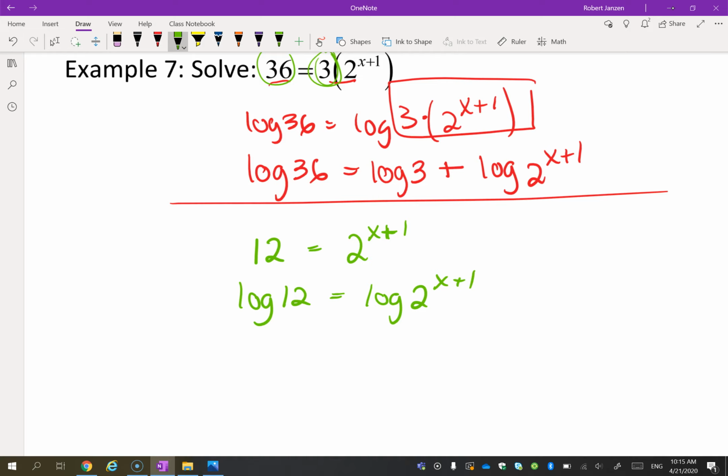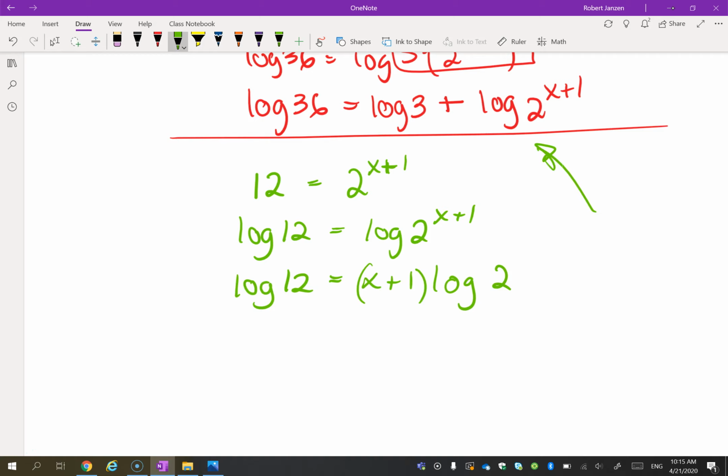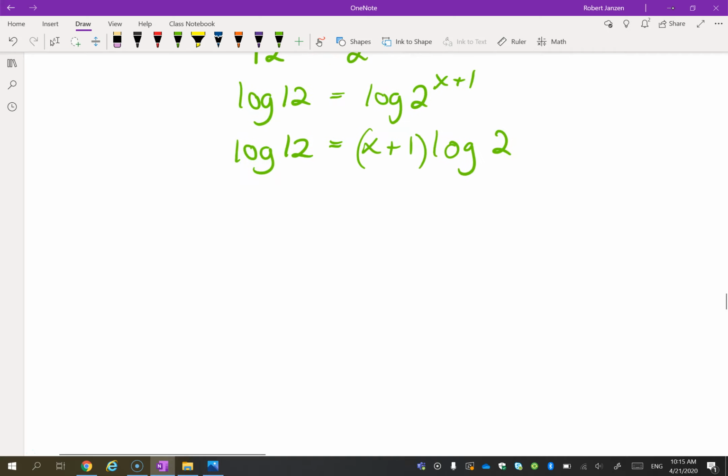Okay, these will give you the same answer. I think it's probably a little easier to work with the second one. Okay, so what I would do if I were you, I would try to do it like the first version, so like this one. Try to do that one up there to see if you can get the same answer. Okay, that would be a pretty good skill if you can do that.